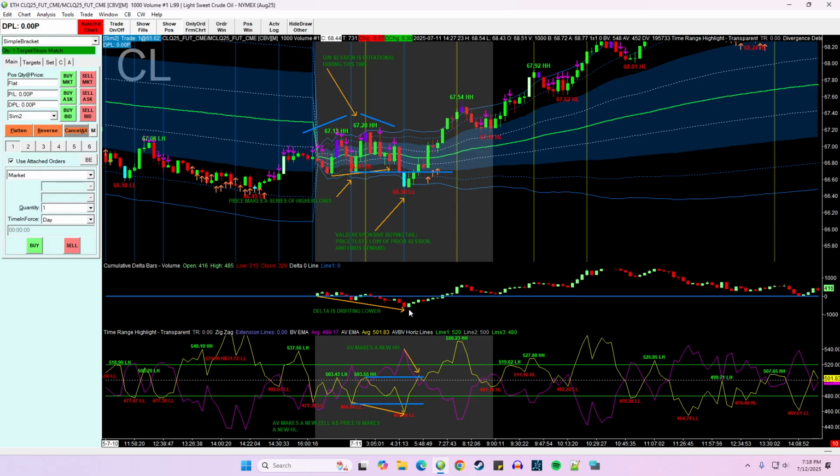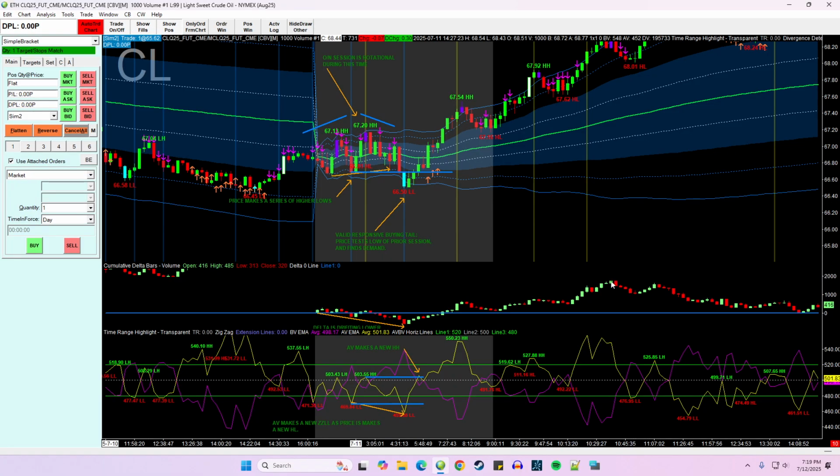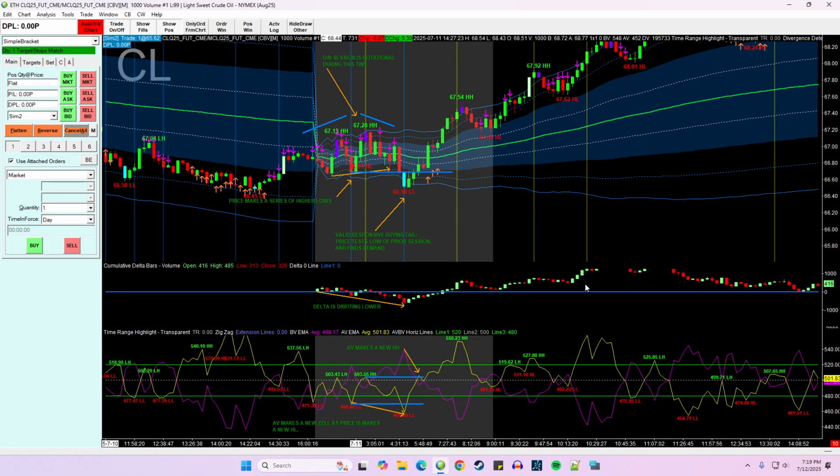The minute we do find that demand, of course, the buying comes in and delta reverses upwards, and we get above delta neutral, and we start to get more delta positive as the session goes on.